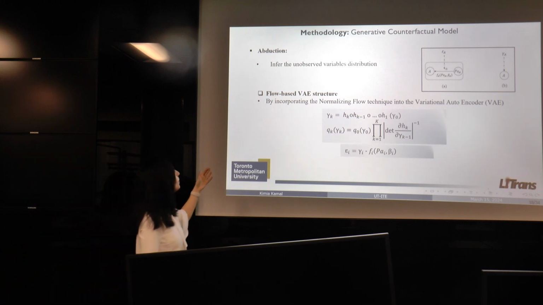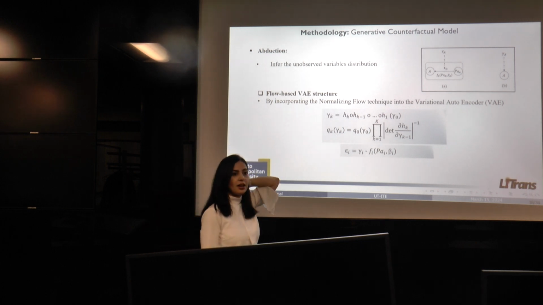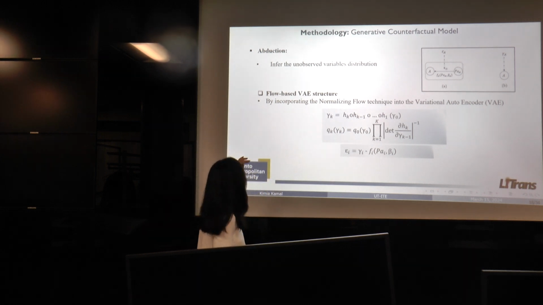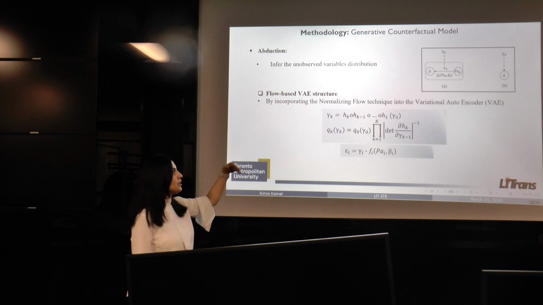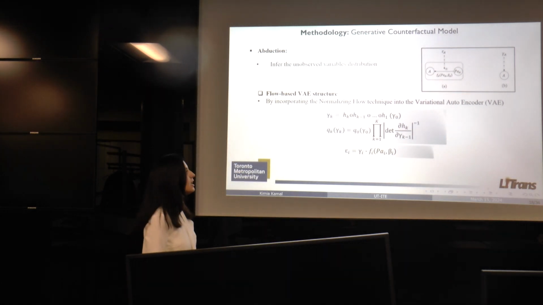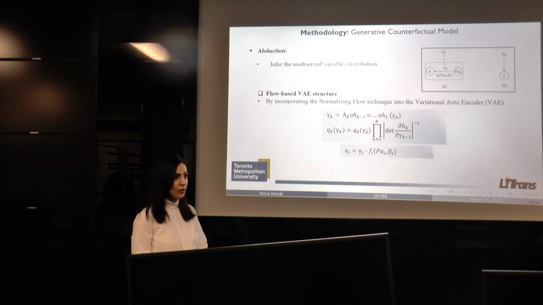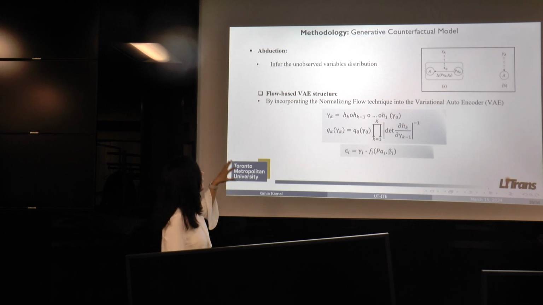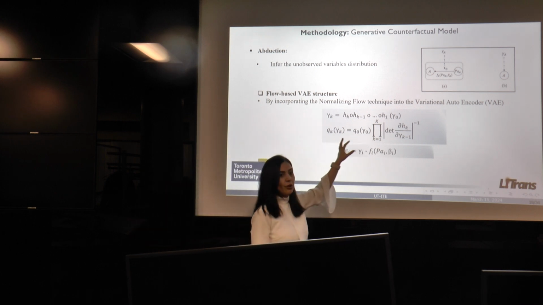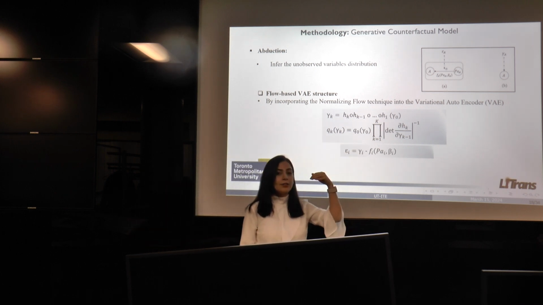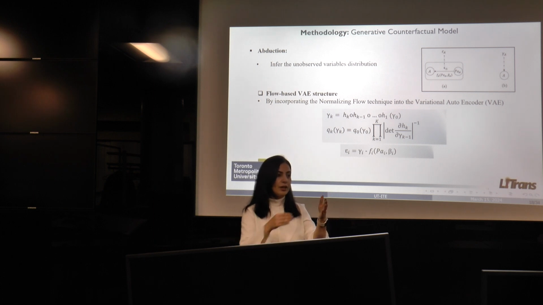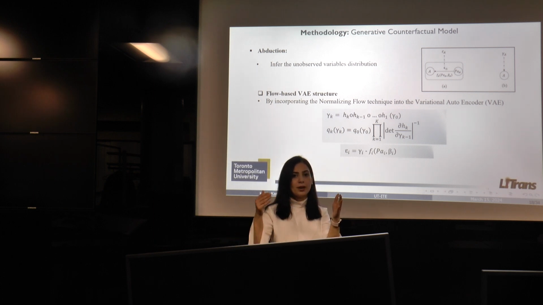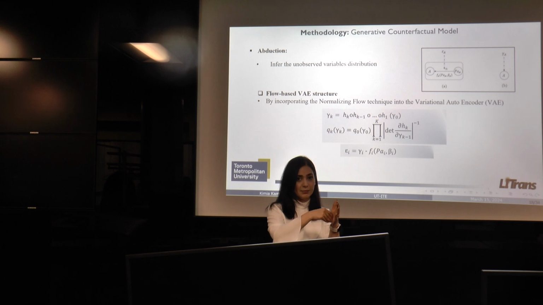Here we develop the flow-based variational autoencoder structure by incorporating the normalizing flow techniques into the variational autoencoder. The reason we use normalizing flow here is that in a variational autoencoder, we simply consider the normal distribution for the latent space.